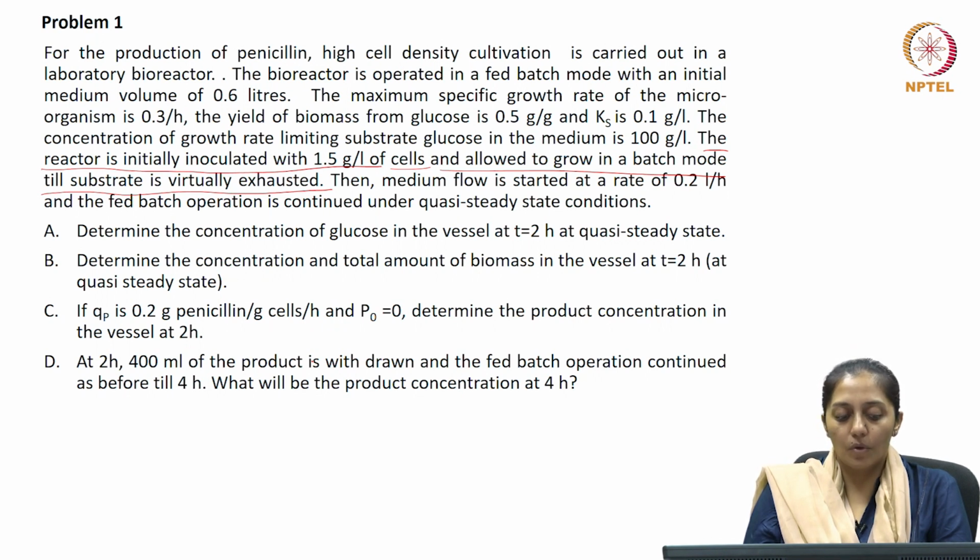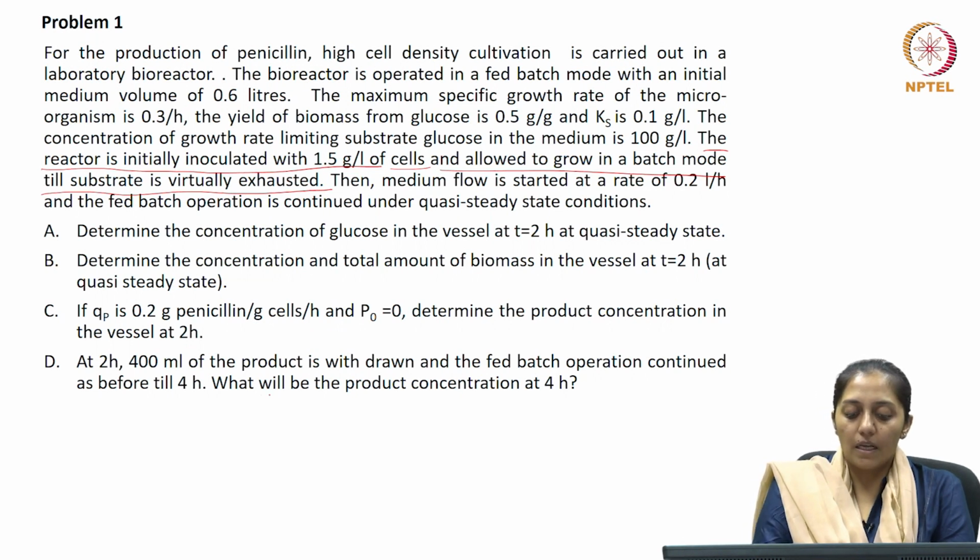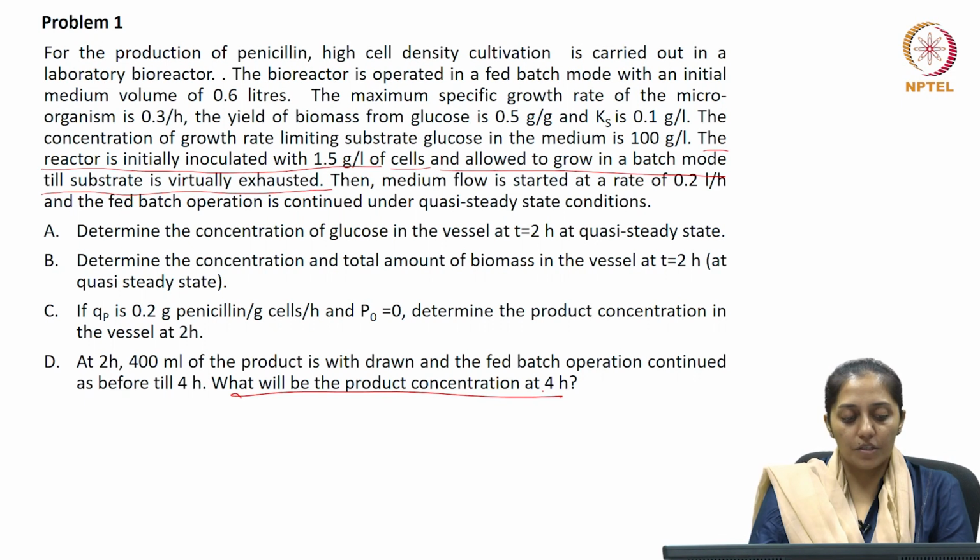So, the volume goes back to 600 ml and then it is further continued in fed batch mode till 4 hours. Then we are asked to calculate the product concentration at 4 hours.